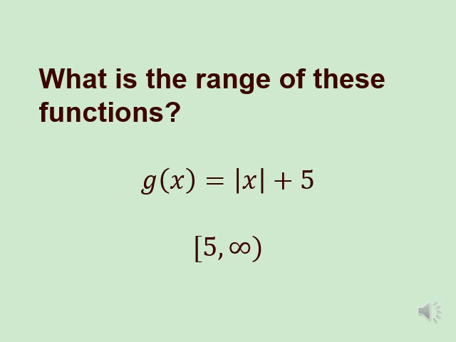The smallest answer you can ever get for an absolute value is 0. And if I add 5 onto that, that means the smallest answer for this function will always be 5. I could get 5, I could get any number bigger than that, but I can never get anything less than 5. So 5 to infinity is the answer.